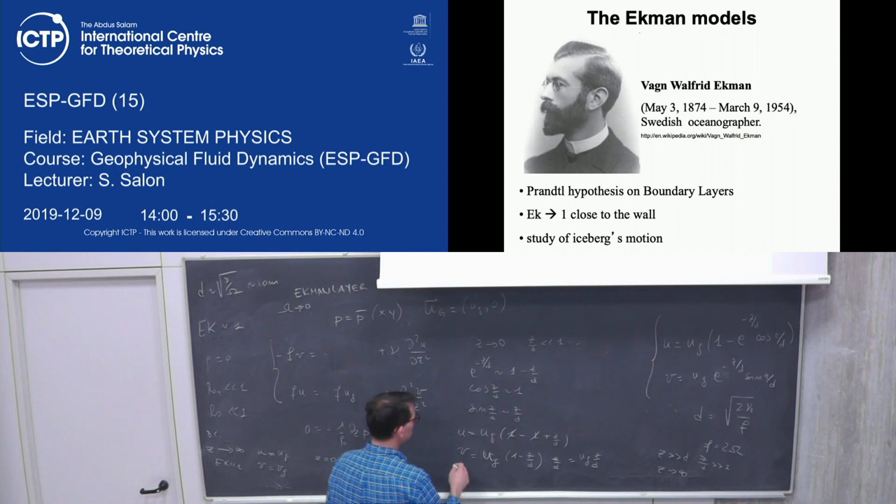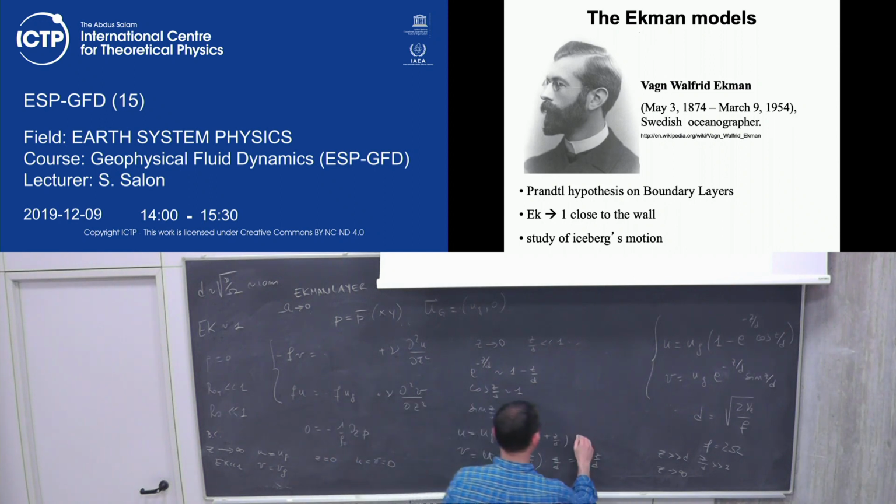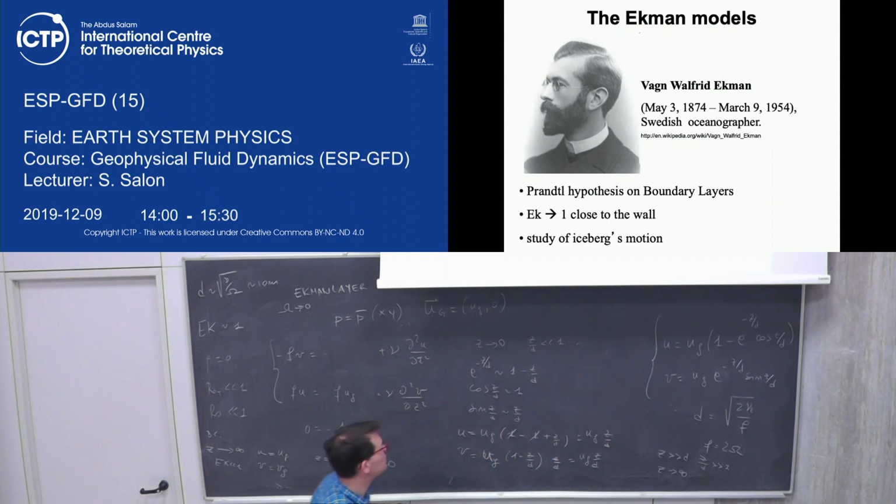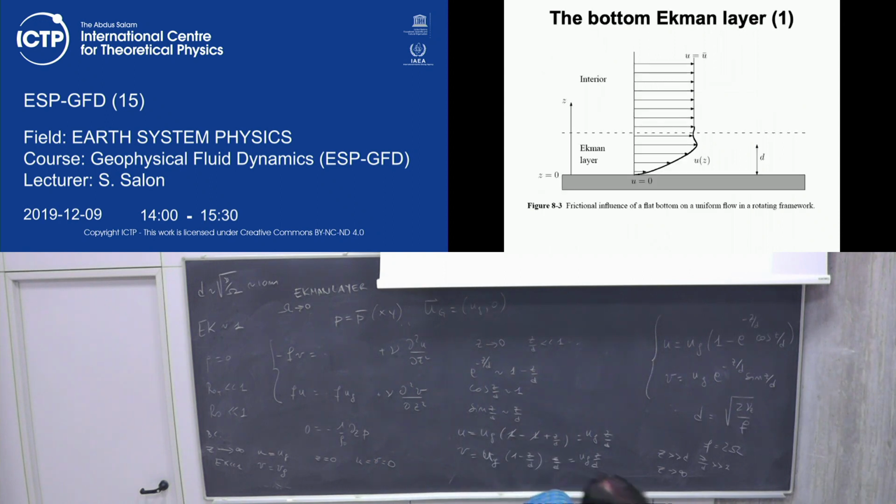Okay? So U and V in first approximation, when we are very close to the bottom, are exactly the same. So what we obtain as the solution of the bottom Ekman layer is an interior which is geostrophic. Then we have a decrease up to U equal to 0 in an Ekman layer which has dimension D.